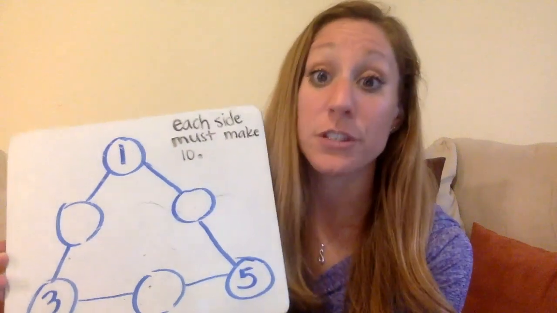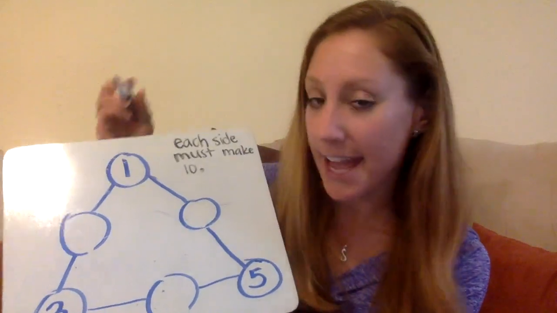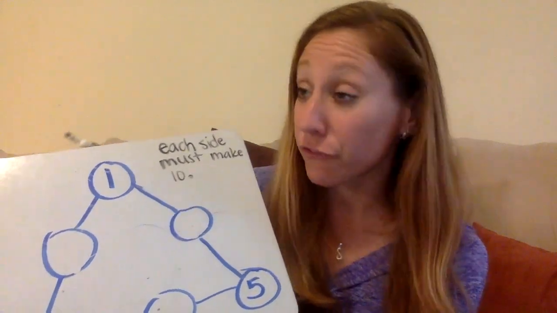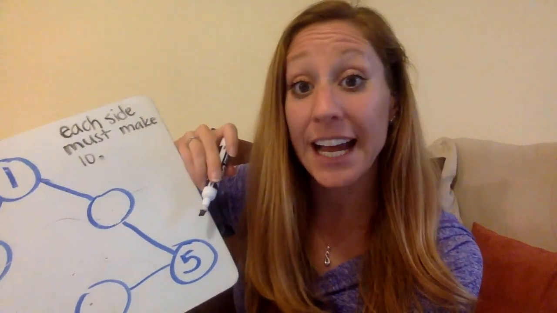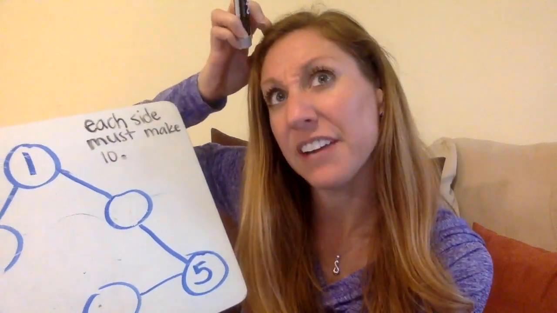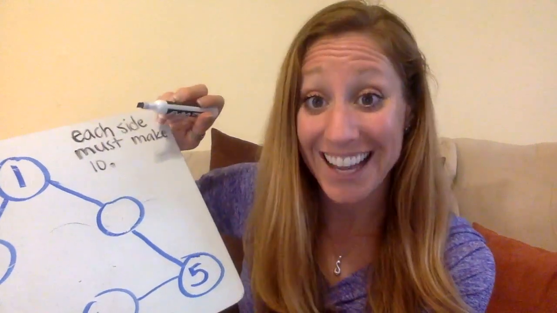Let's try a different strategy this way. Let me think of the ways that I could make 10. So one way to make 10 is 5, 5, and 0. Well, I don't have a 0 here, but I do have a 5. So let's see, there's 5 and there's a 1. So if I had 5 and 1, this is kind of working backwards and thinking of a way to make 10. So 5 and 1 is 6.